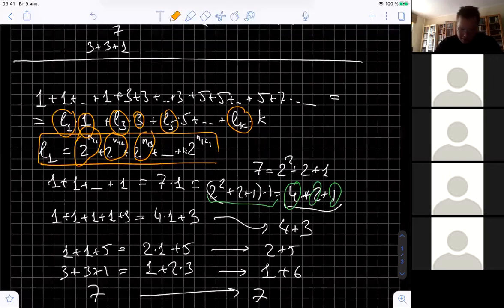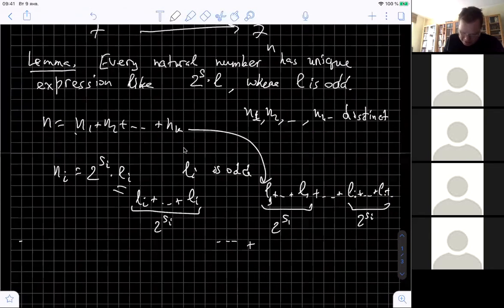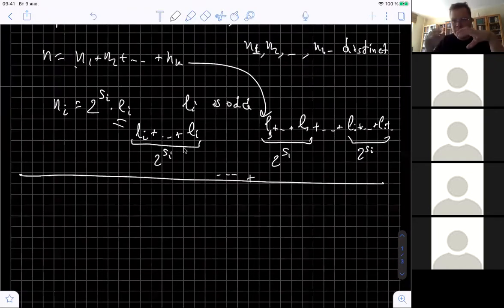So I can maybe repeat this once more. I want to give you two maps: from the pairwise distinct partitions to the odd partitions, and from the odd partitions to the pairwise distinct partitions.